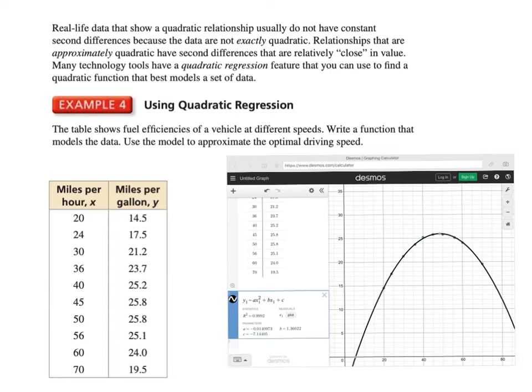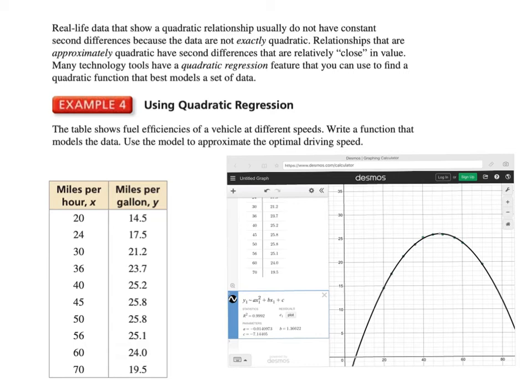When you square that R value, it makes everything positive. So the closer that is to 1, the better your regression equation predicts your data. So with an R squared value of 0.9992, this is a pretty good fit. It's really, really close to 1.